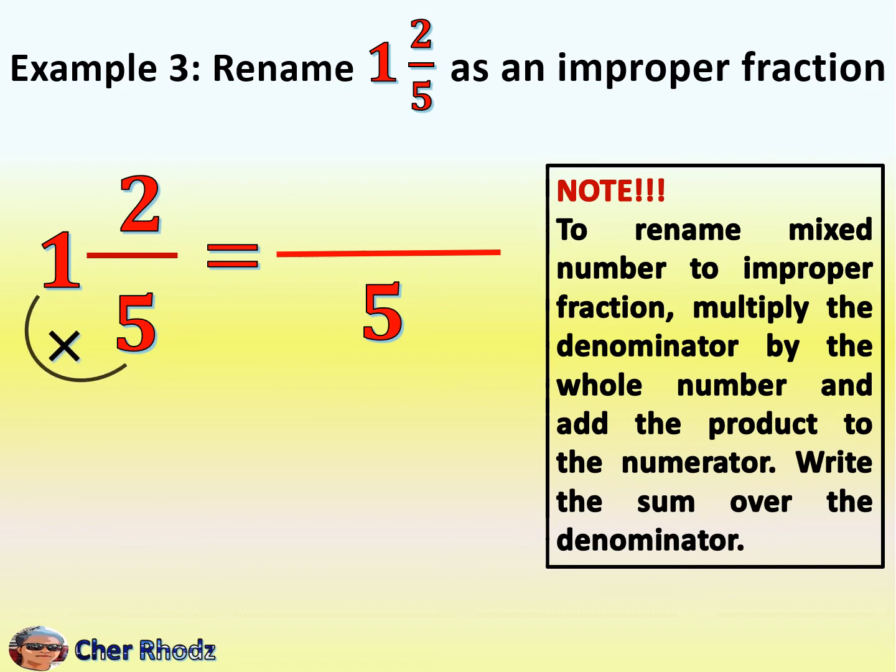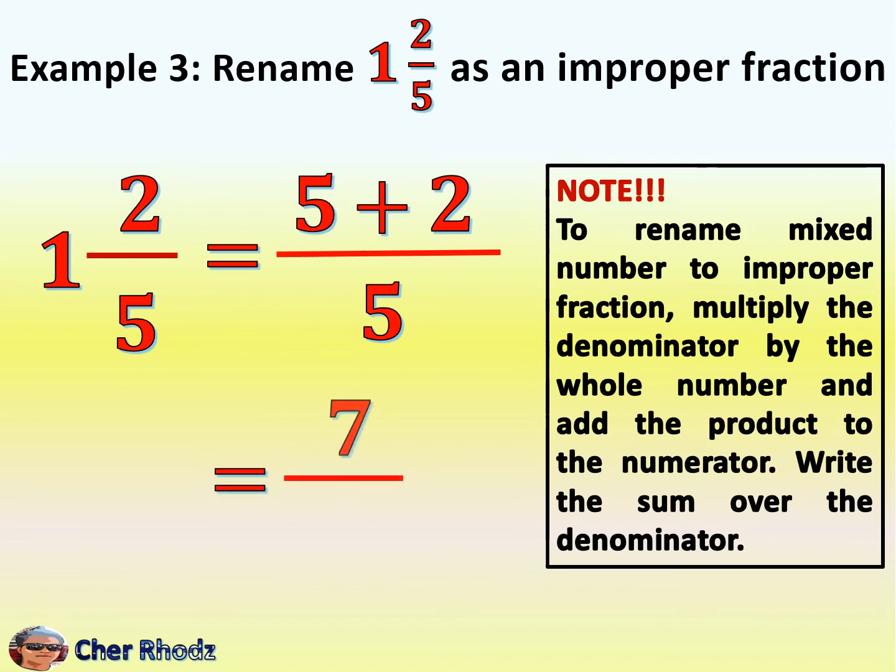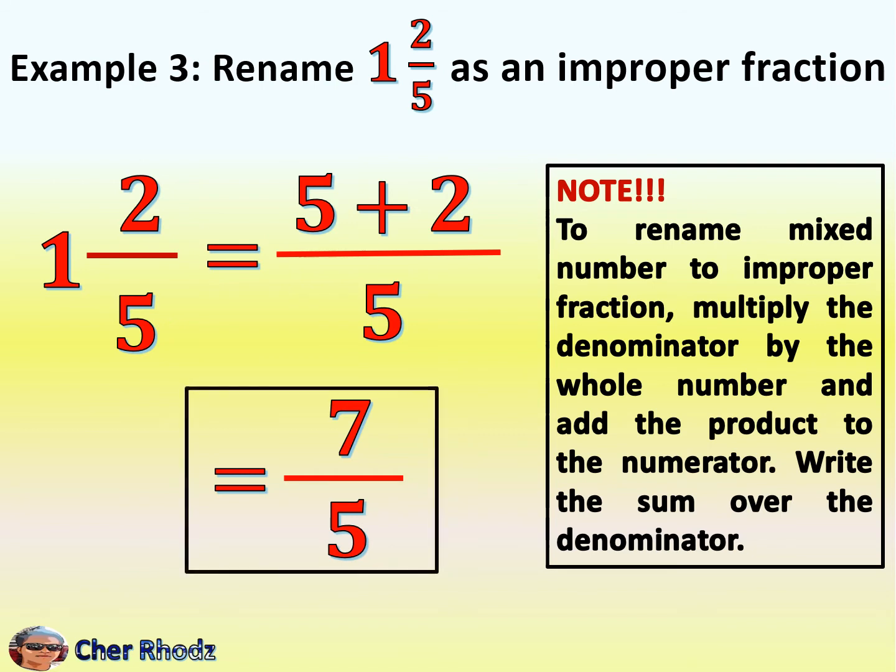Let's multiply our denominator and the whole number, which is 5 times 1. The result is 5. Let us also add our numerator, which is 2. Then perform it. 5 plus 2, the result is 7. Copy 5. Therefore, 1 and 2/5 is equal to 7 over 5.